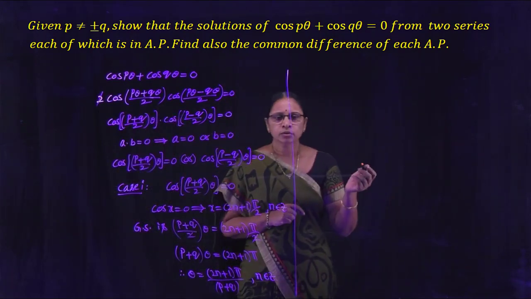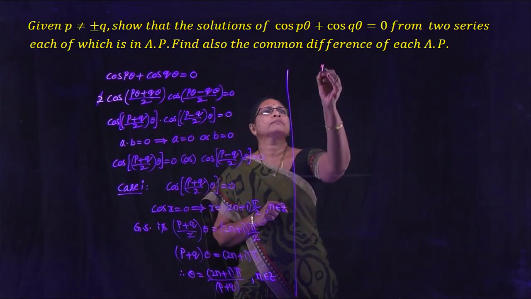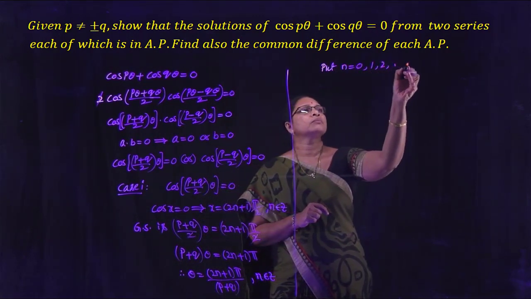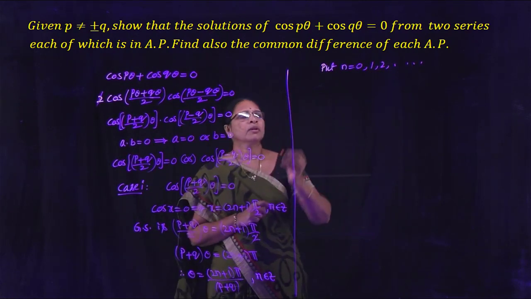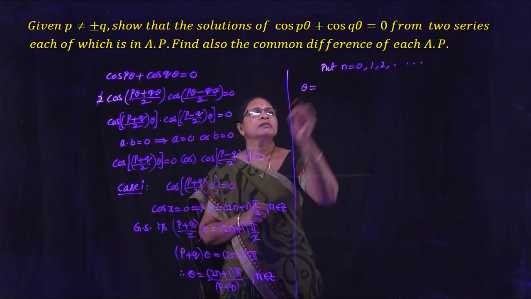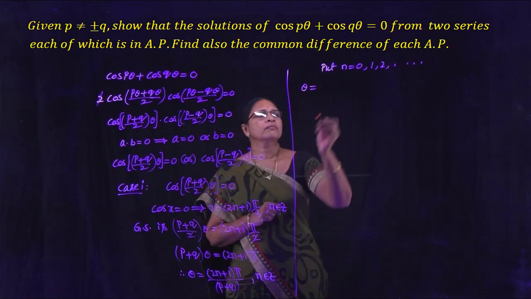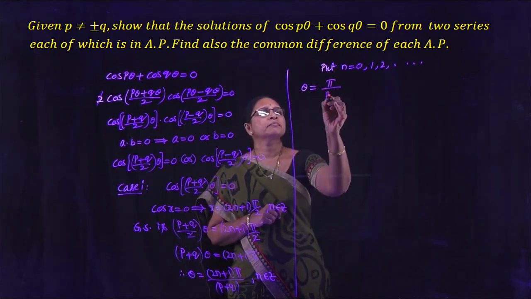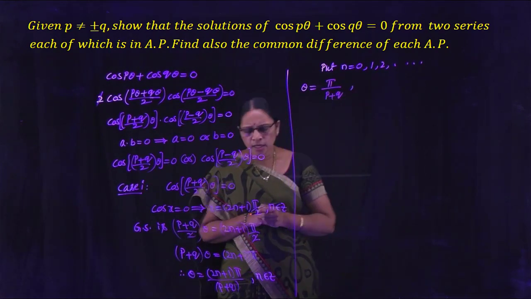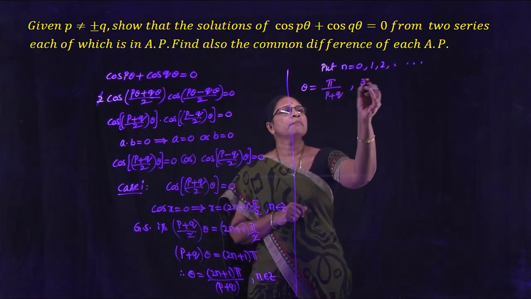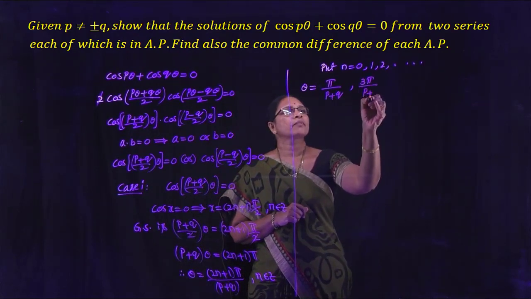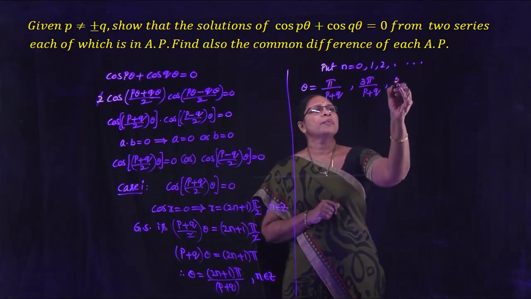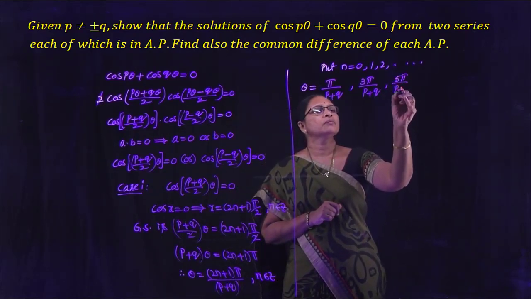Put n equal to 0, 1, 2 and so on. The values of theta are, put n equal to 0, we get pi by p plus q. Put n equal to 1, we get 3 pi by p plus q. Put n equal to 2, we get 5 pi by p plus q, and so on.